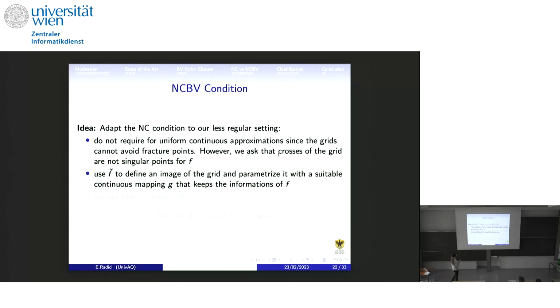And then, thanks to the multifunction that I defined before, we can associate an image to the grid we have. So we will have some continuous, deformed grid in the target configuration. What we do is we parameterize this continuous deformed grid in the target space with some mapping G that keeps as much information as possible from the original F, and then we ask that this G satisfies the non-crossing condition. All of it we call the non-crossing BV condition.